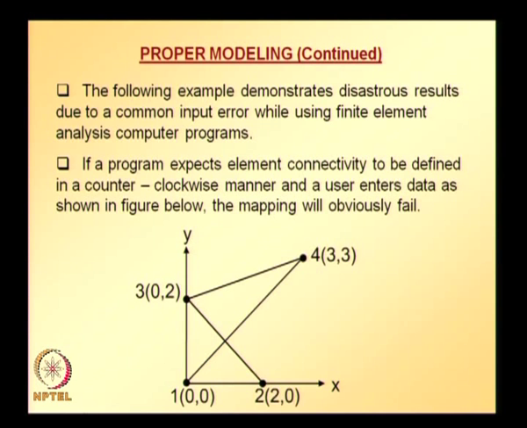So, when the computer program reads it, it takes the nodal connectivity as 1, 2, 4, 3 instead of 1, 2, 3, 4.